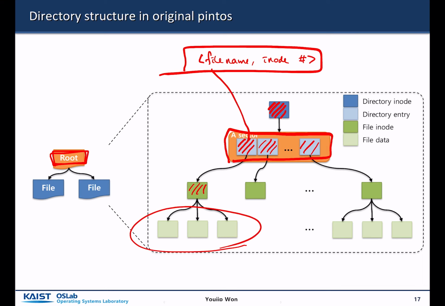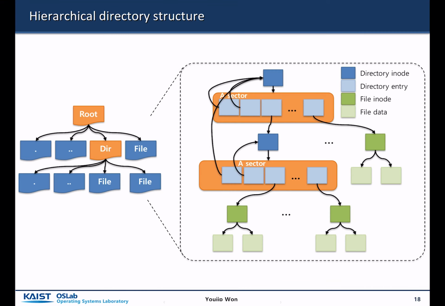Now we are going to change this flat directory structure into a hierarchical directory structure. So here the root directory can contain a regular file as well as another directory. That's the important part.